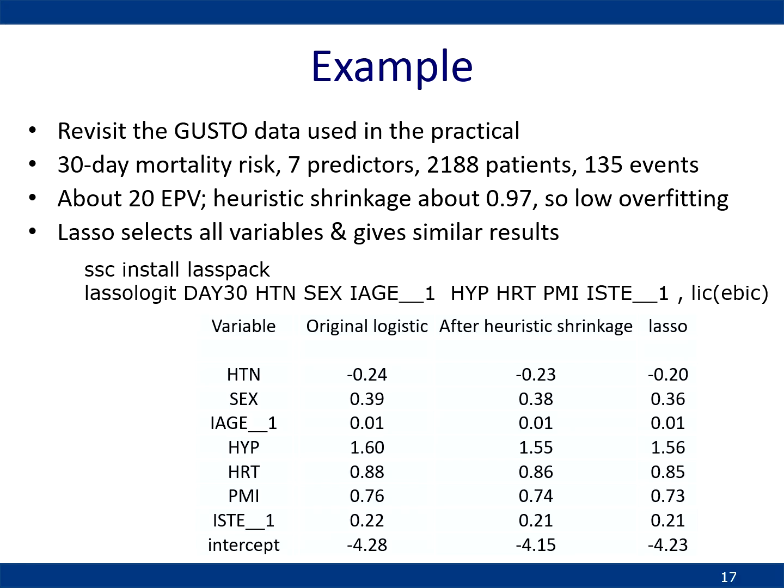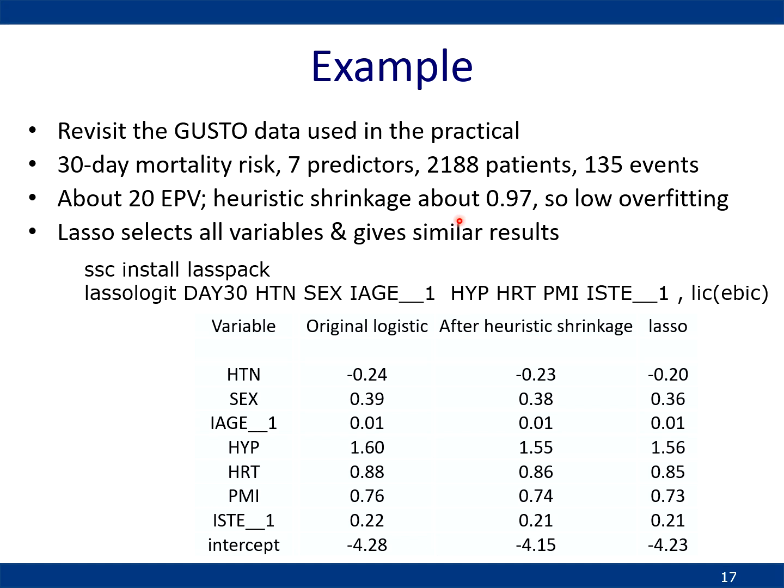Let's look at an example. Going back to the GUSTO data that's been used in the practical, 30-day mortality risk, we've got 7 predictors, about 2,200 participants and 135 events. We've got 20 events per variable, so it's very big. Not done a formal sample size calculation here, but clearly that's going to be reasonably very good.